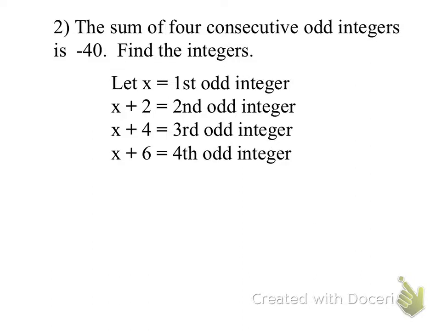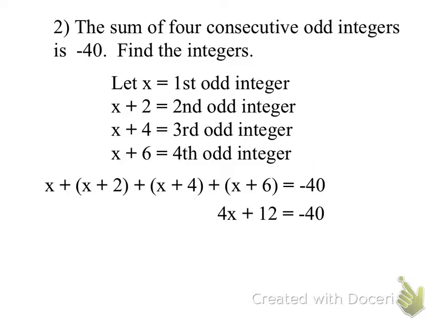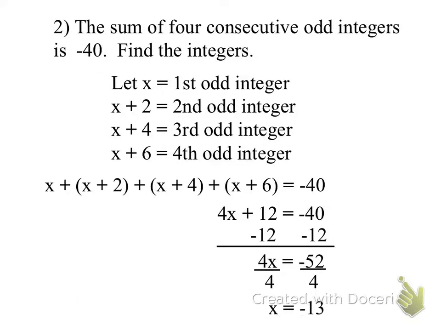Good. And then, what is the equation going to look like, Max? It would look like x plus x plus 2 plus x plus 4 plus x plus 6 equals, and then we're going to combine our like terms, subtract 12. I get 4x equals negative 52. So x is equal to what?